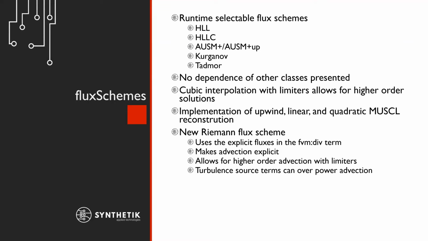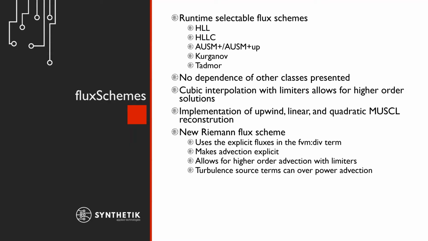All right, last part. Flux schemes. We have runtime selectable flux schemes. We have a lot of the standard ones: HLL, HLLC, AUSM+, AUSM+-up, which has a low speed correction term, and then the Kurganov and Tadmor, which are rhoCentralFoam.